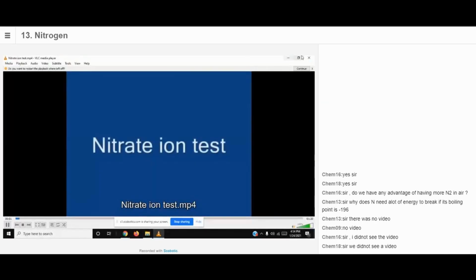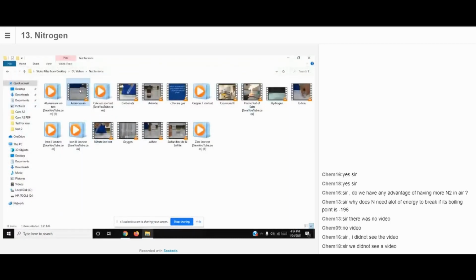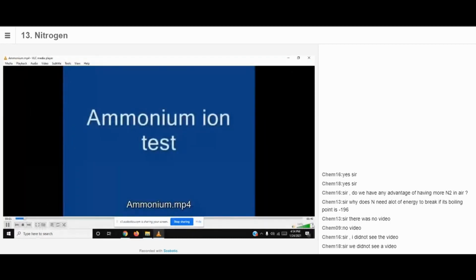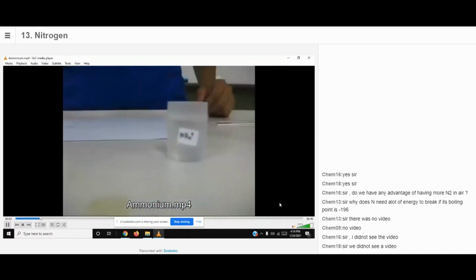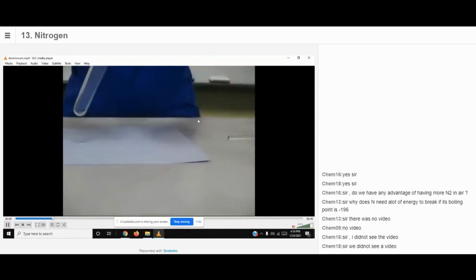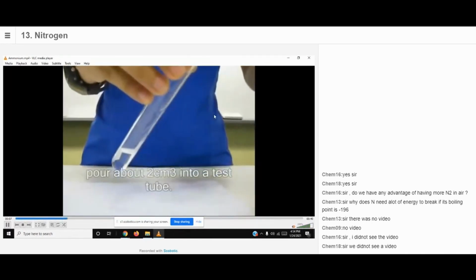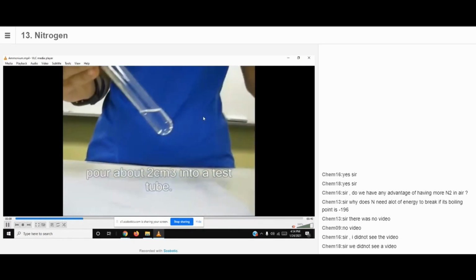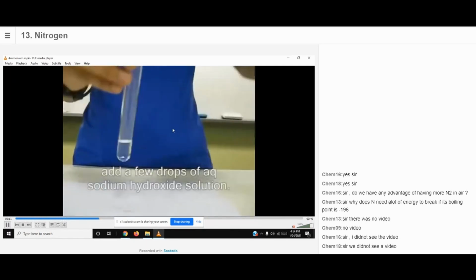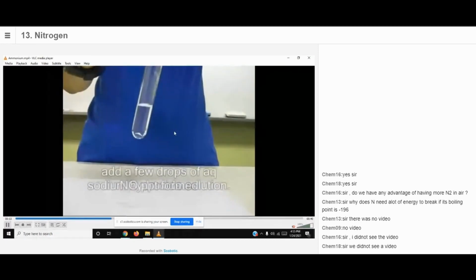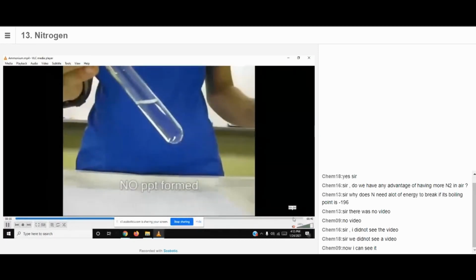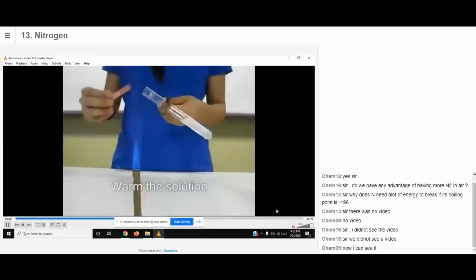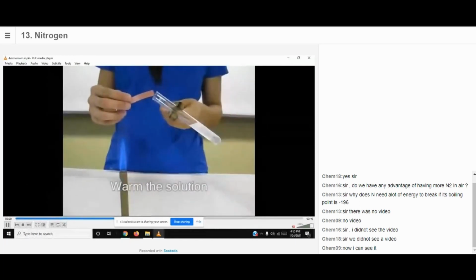Sorry, this is a nitrate one. You take any ammonium salt in a boiling tube. Usually we use a boiling tube, even though this is a test tube. You're heating, and then you add any strong alkali, and then you warm. Ammonia gas will be evolved.